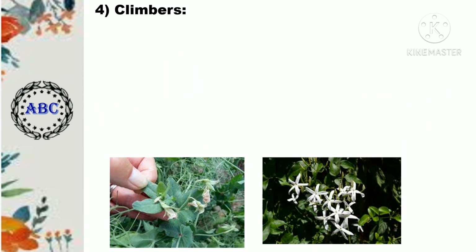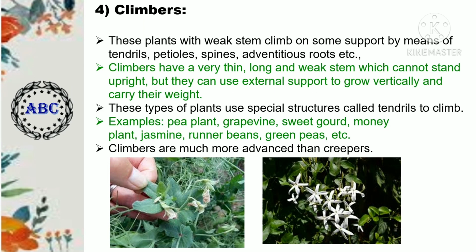And fourth one, these are called climbers. These plants with weak stem climb on some support by means of tendrils, petioles, spines, adventitious roots, etc. Climbers have a very thin, long and weak stem which cannot stand upright.